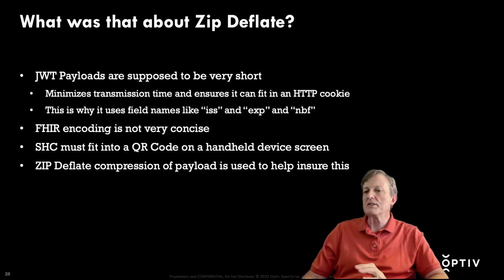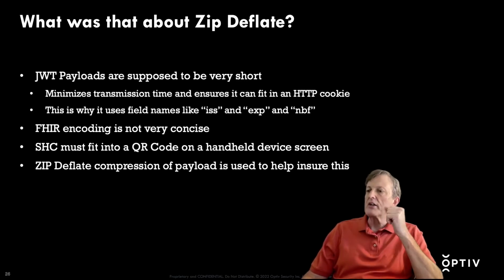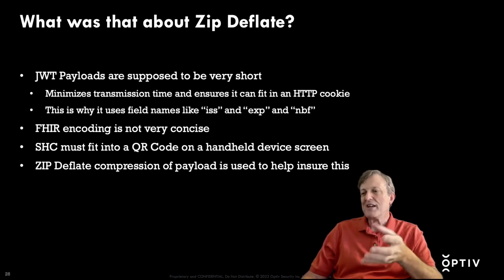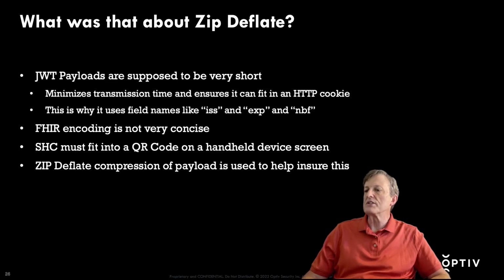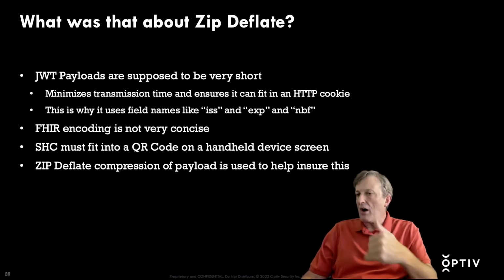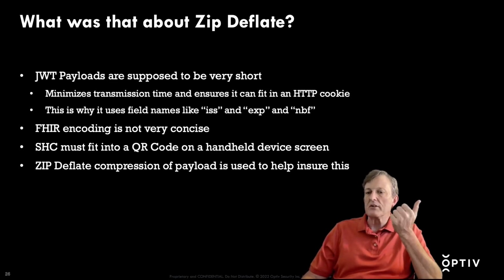The problem is that FHIR encoding for the medical information that we're going to put in the payload happens to not be super concise, right? It has a way of encoding stuff, and we want to follow it so that we're following the standard, so that existing code can deal with it. But it's not concise.